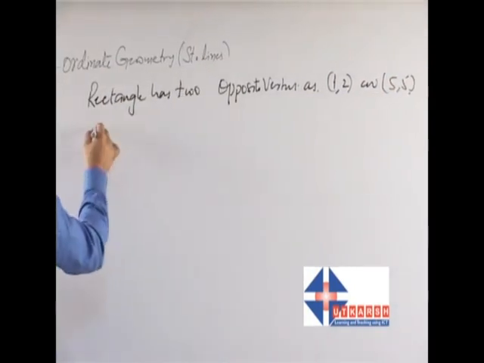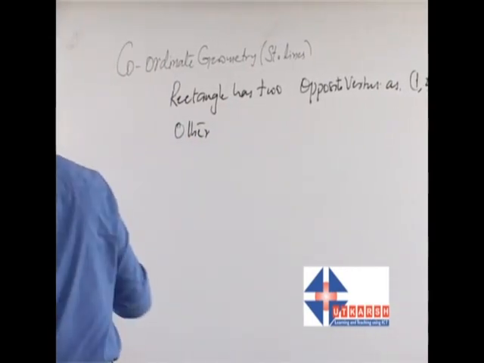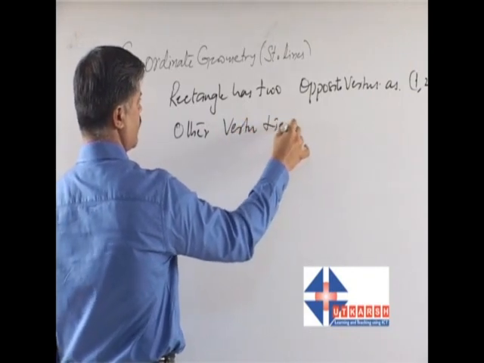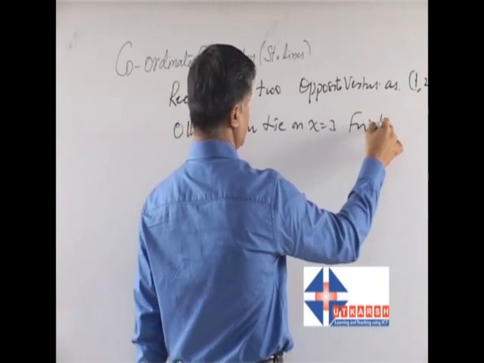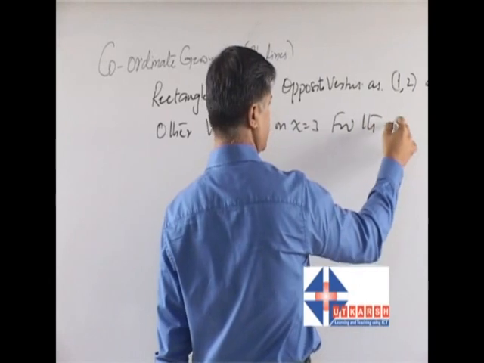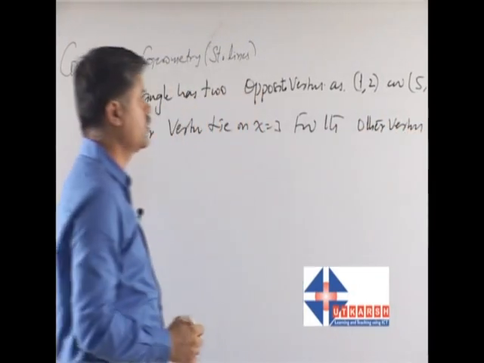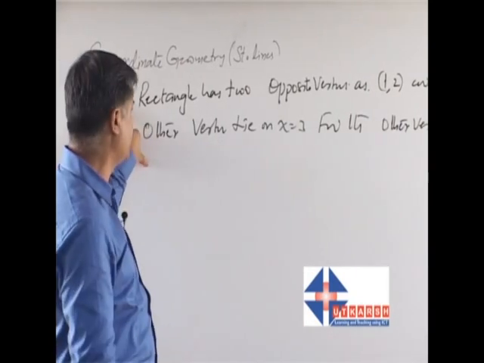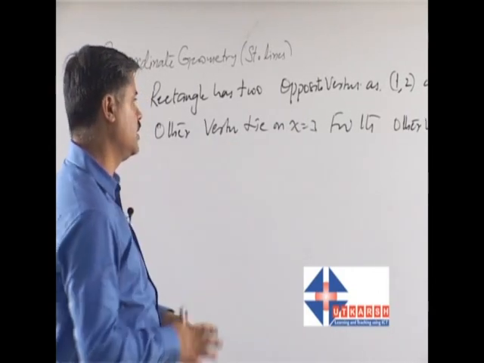Other vertices lie on x is equal to 3. Find the other vertices. Very nice question. He says a rectangle has two opposite vertices as 1 2 and 5 5. Other vertices lie on x is equal to 3. Then find the other vertices.